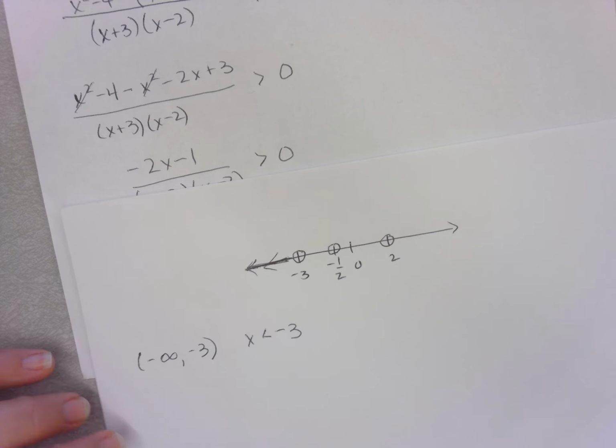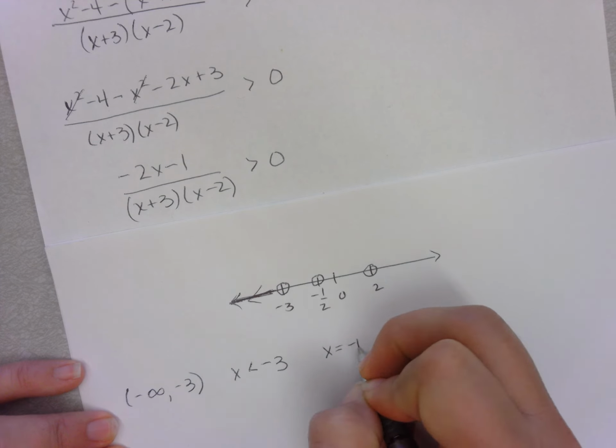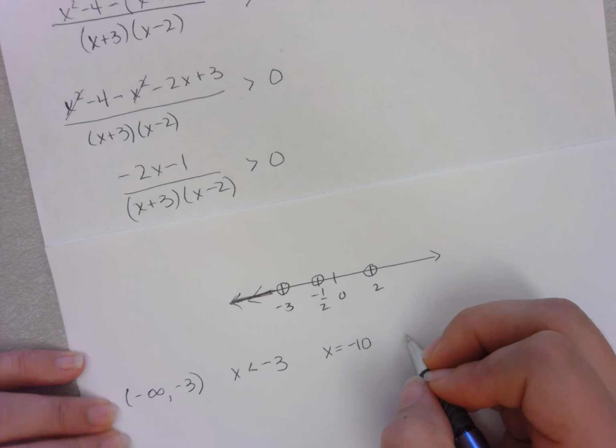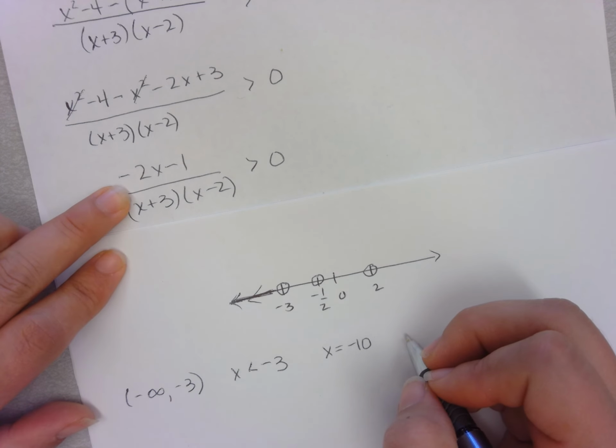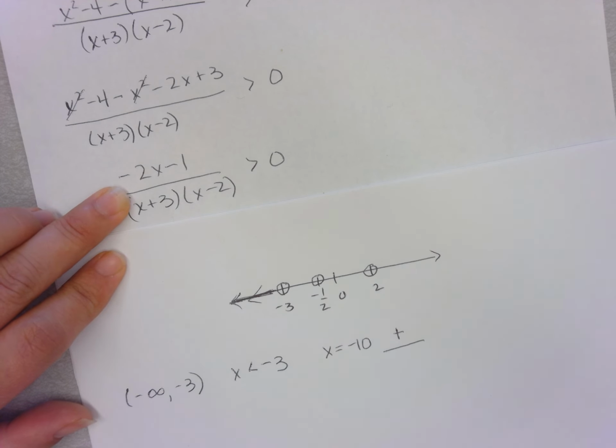So when I test a point in there, let's use x equals negative 10. It's a nice big number. When I plug in x equals negative 10 up here, I get negative 10 times negative 2, so that's actually going to be 20 minus 1, so I'm going to get a positive value on top. I'm just writing the sign, I don't care about the number.